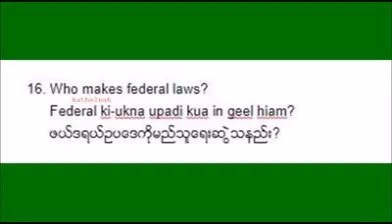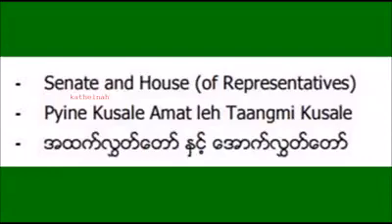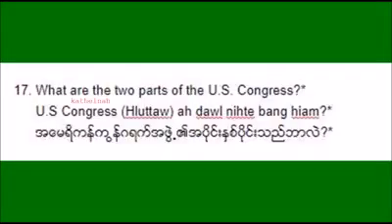Who makes federal laws? Congress. Senate and House of Representatives. U.S. or national legislature. What are the 2 parts of the U.S. Congress?